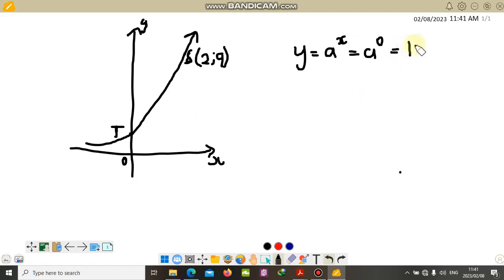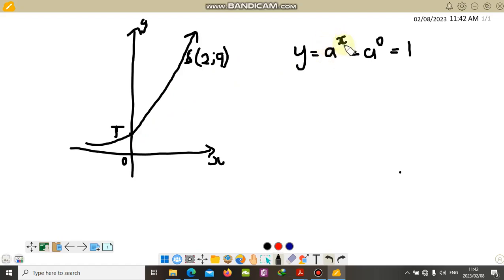But even without doing this, you already know that at this point here the y value is 1. Exponential functions cross the y-axis at 1, unless there's a vertical shift or a horizontal shift.